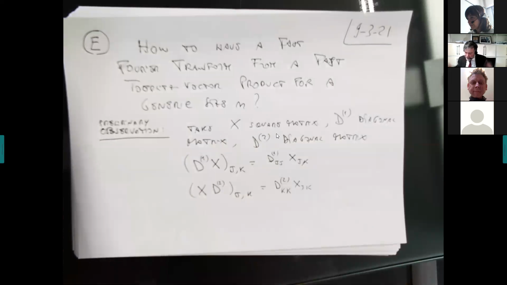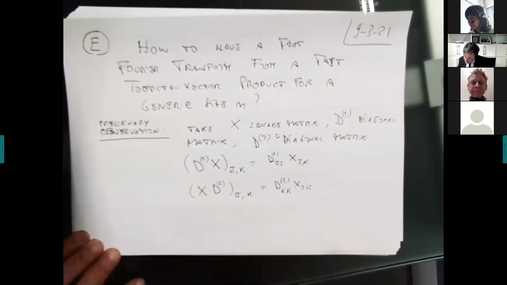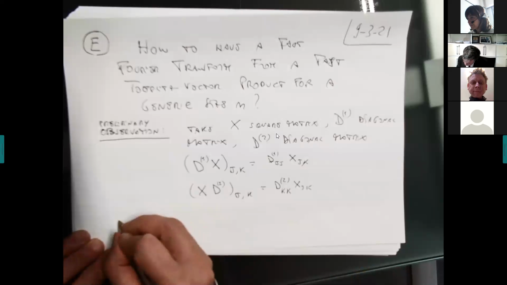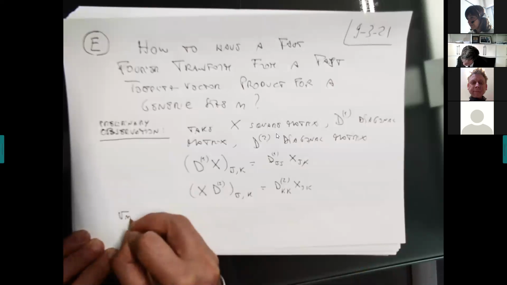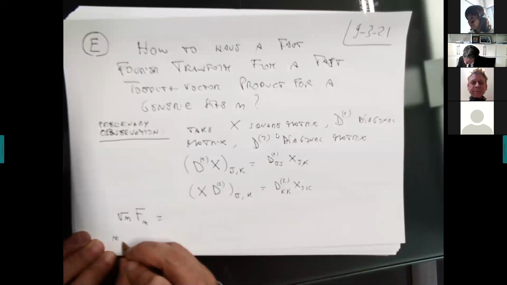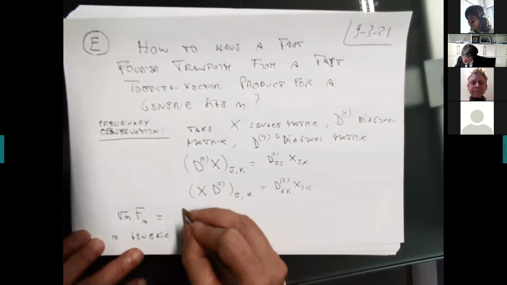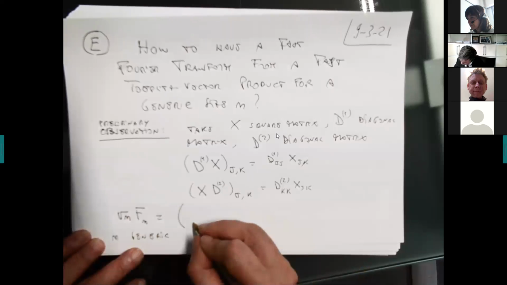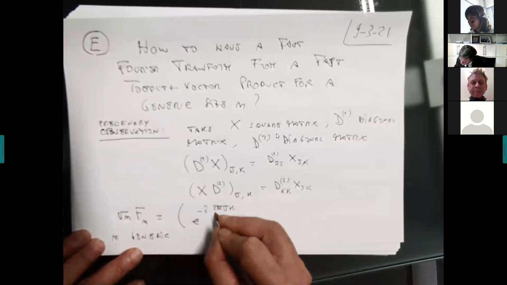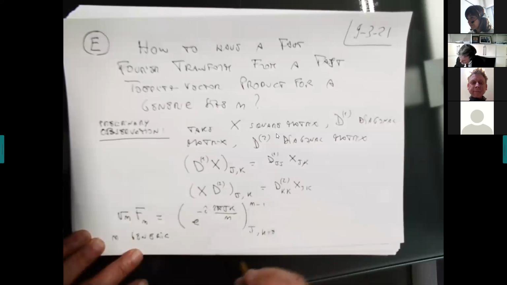This preliminary observation is the solution. Okay? Why? Take the scaled Fourier matrix, n generic. We remember the expression: e to the minus i 2 pi jk divided by n, with j and k from 0 to n minus 1.